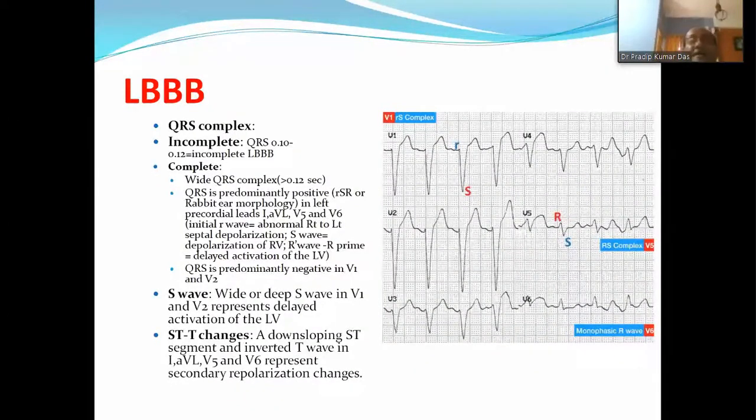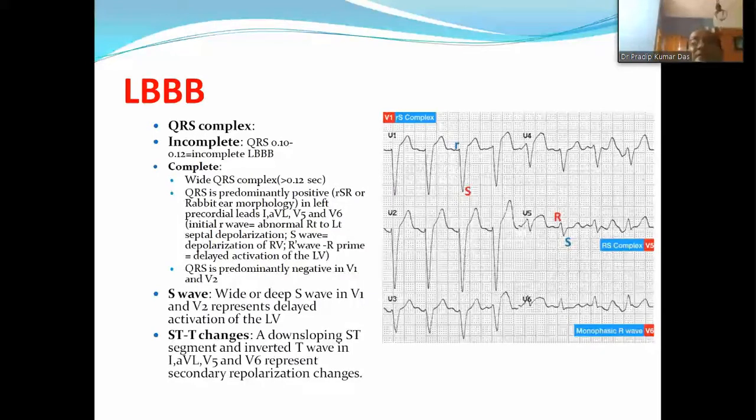And this is just the opposite of RBBB. You will see a deep S wave in V1, the right-sided lead, and the left-sided lead will show an R wave with an S wave, and complementary ST-T changes will be seen in the left-sided chest leads. The S wave will be deep in V1 and V2, that is the right-sided leads.